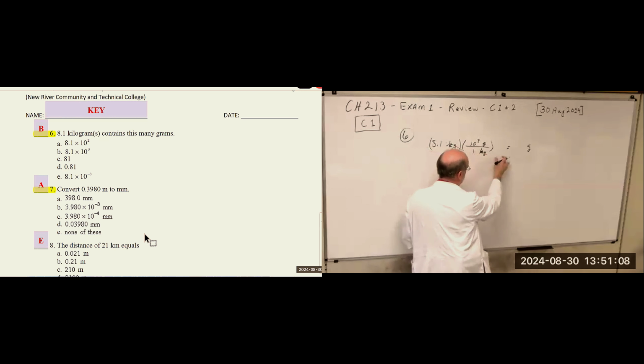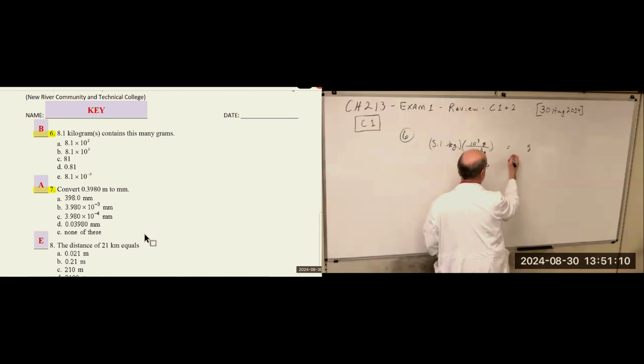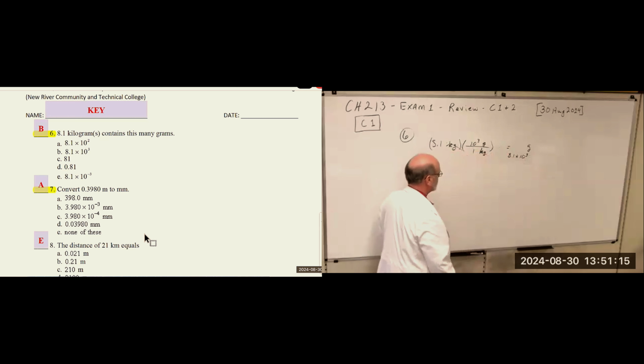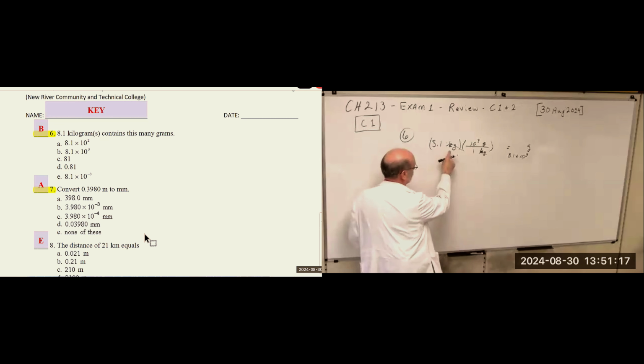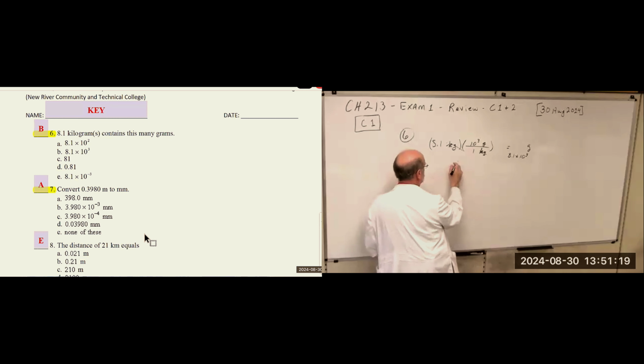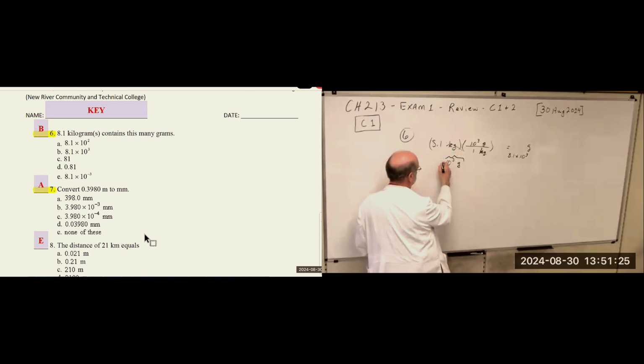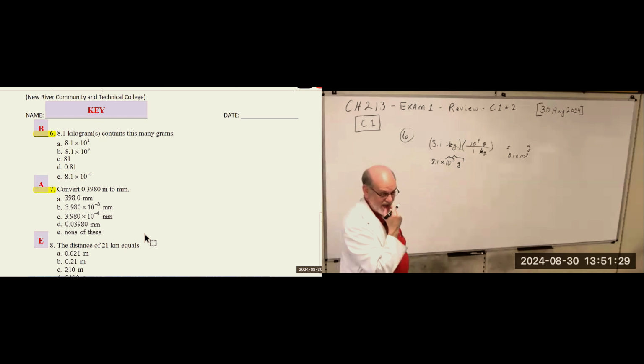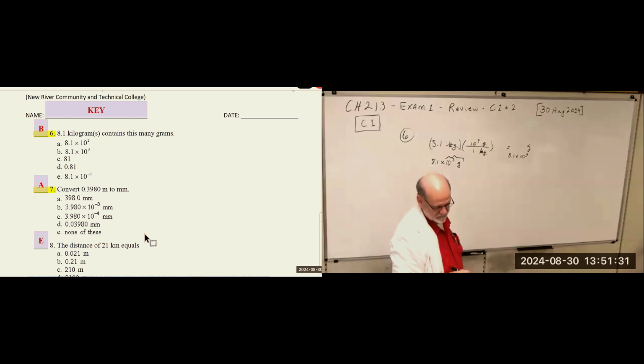Then you get 8.1 times 10 to the 3rd grams. But a simpler way would just be, what does kilo mean? Kilo is 10 to the 3rd, so this is the same as that. And there you have it. So that's B.